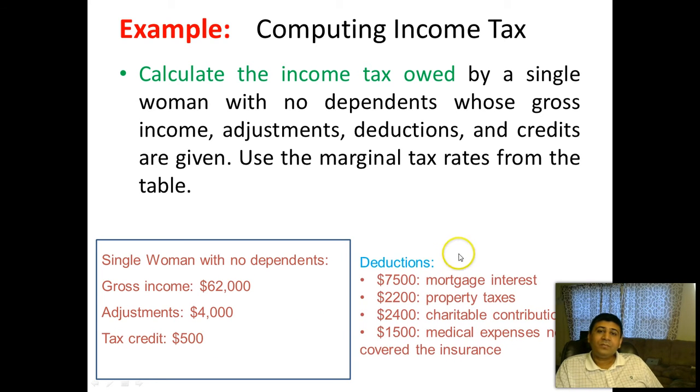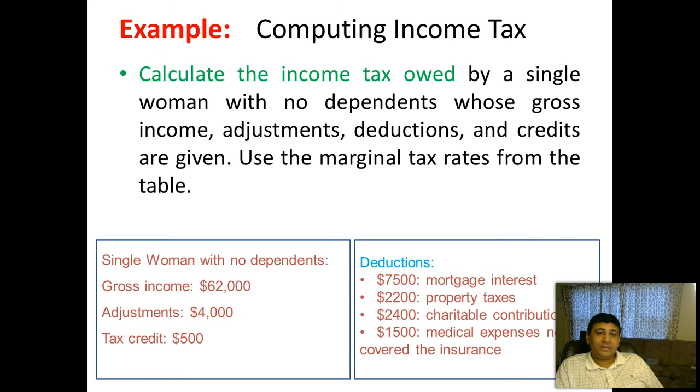Her deductions are given to us here: 7,500 as mortgage interest, 2,200 as property taxes, 2,400 as charitable contributions, and 1,500 she paid for medical expenses not covered by her insurance.